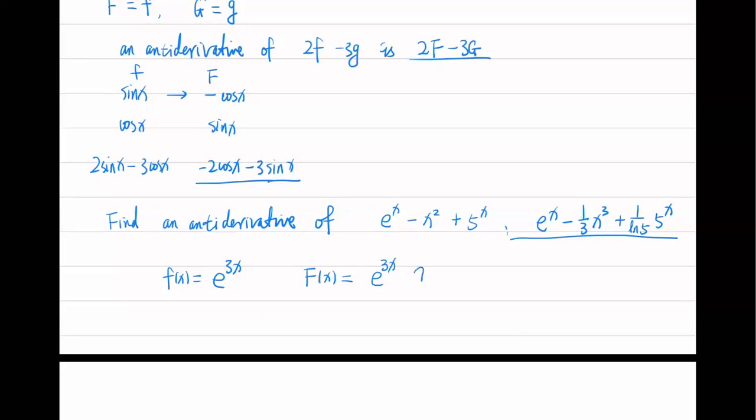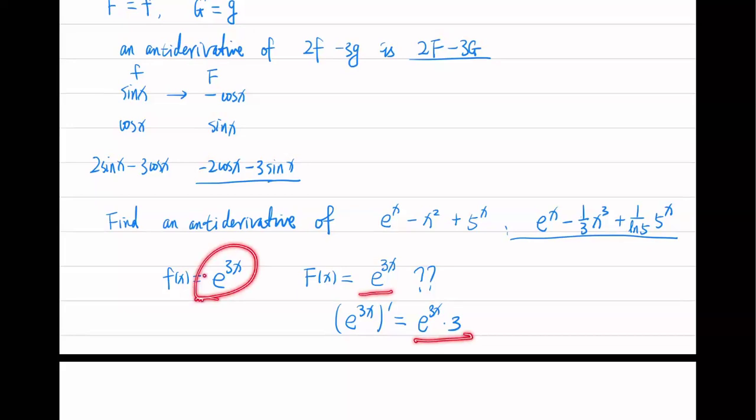We don't know if it works or not, but we can check. Rewrite my x. Okay, so what's the derivative? Chain rule. 3, very good. Okay, now what's missing from there?